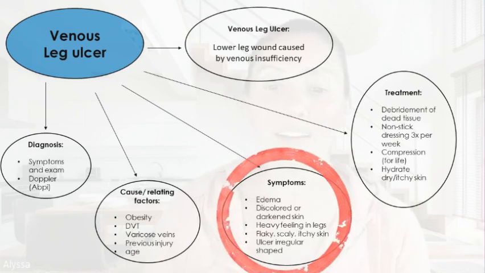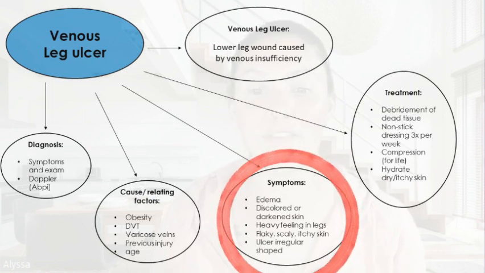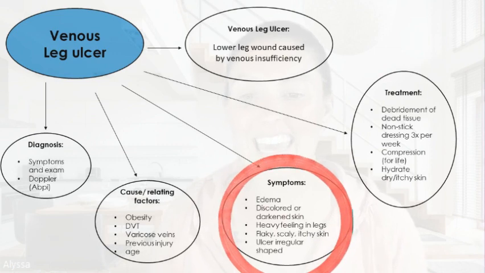Now, what are the symptoms that we are going to see with venous leg ulcers? So they'll have swelling or edema in their leg. They could have discolored or darkened skin. Their legs may feel heavy. You may notice that they are dry, flaky, scaly, itchy, and the ulcers will be irregular shaped, okay?